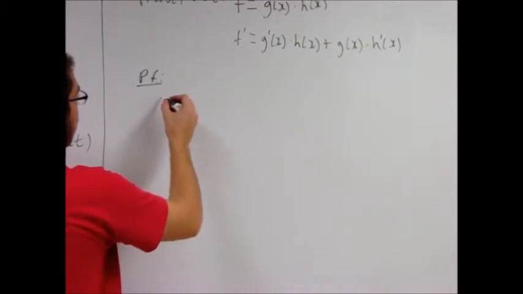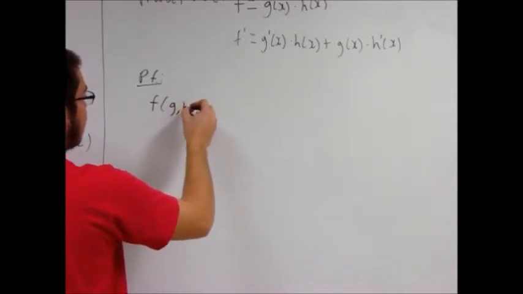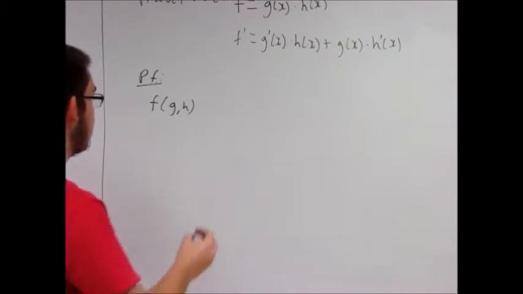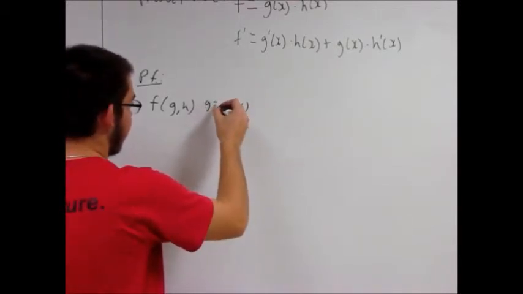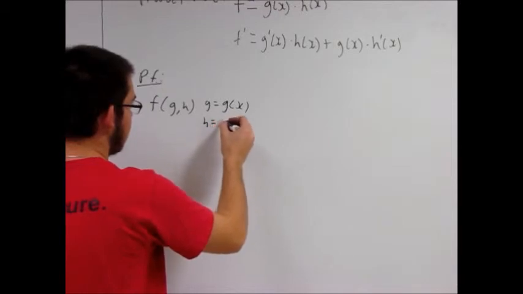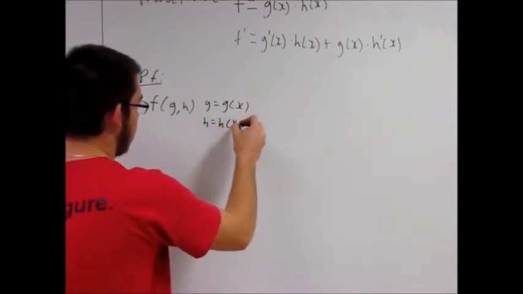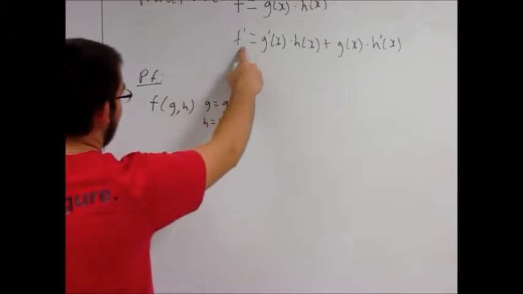So we start with f of x. Actually, this is f of g and h. So g and h now are our functions, or g of x. So g is a function of x, and h is also a function of x. So now we're trying to find the derivative of f with respect to x.